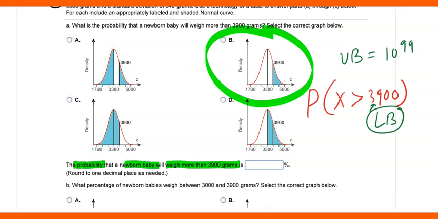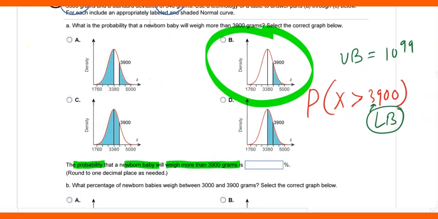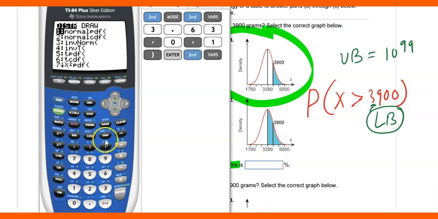And since we have a mean and a standard deviation here, you can put them in the calculator to find the probability. Let's do that. We do second VARS, number 2, normal CDF.